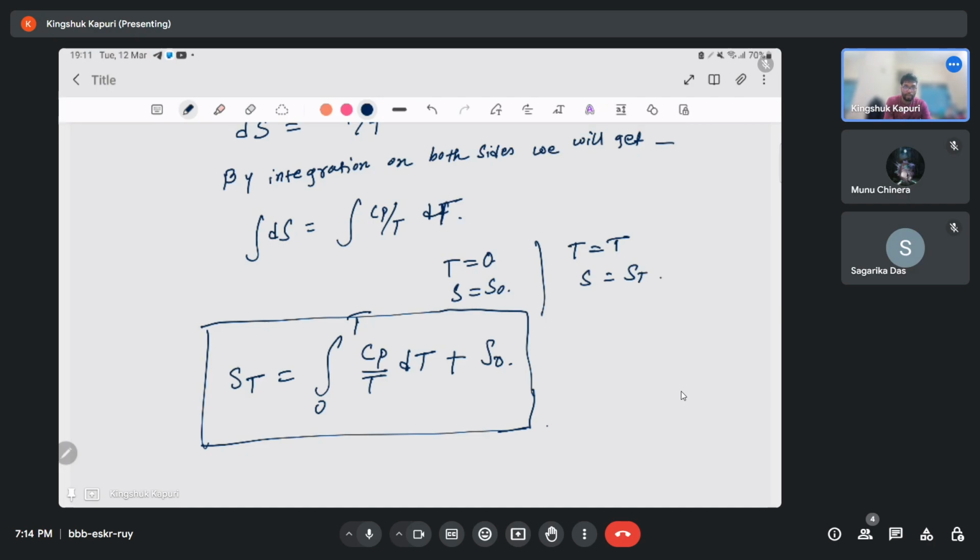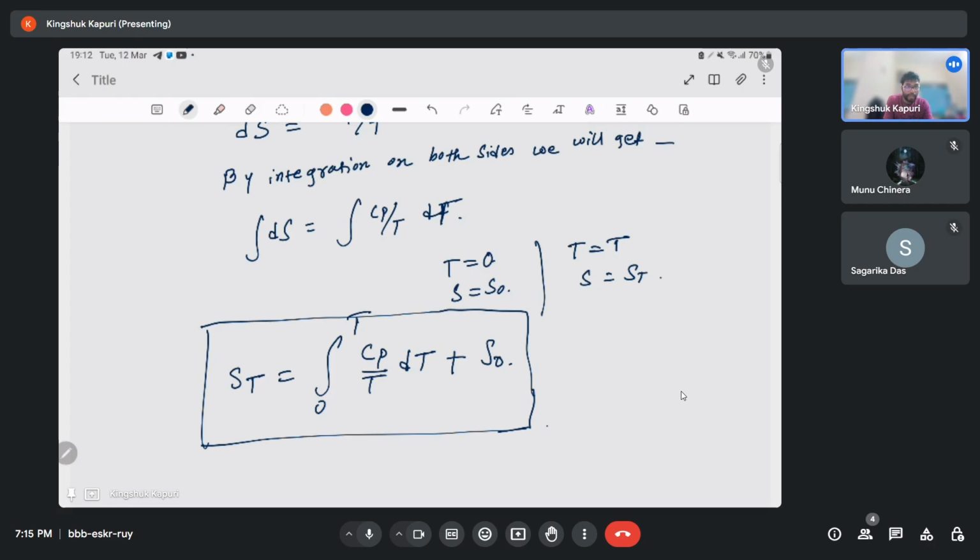Initially, when I started the class, I told you that when we see the atomic structure or atomic arrangements, we think that the structure is stable, but it is not stable, because as long as your substance is present at room temperature, which corresponds to 298.15 Kelvin, it is not at absolute zero.